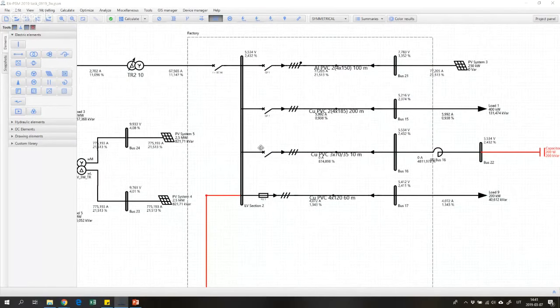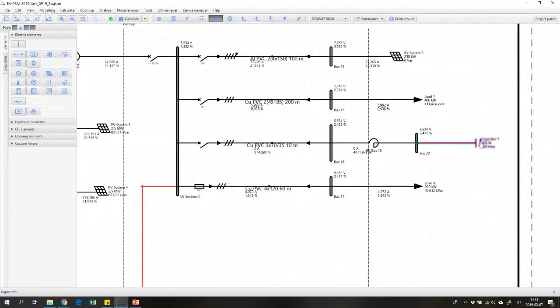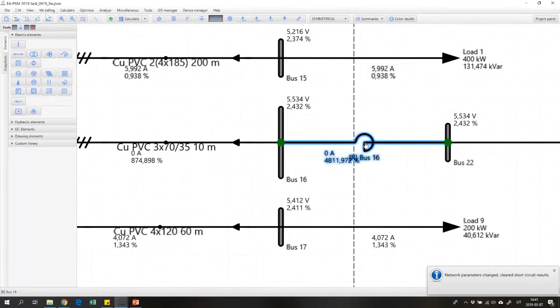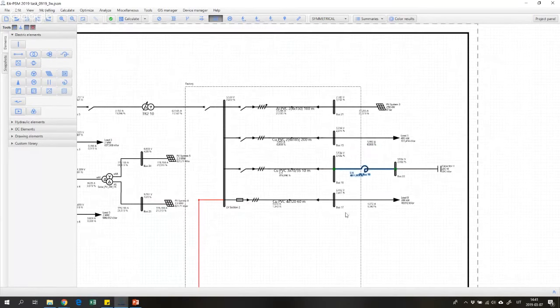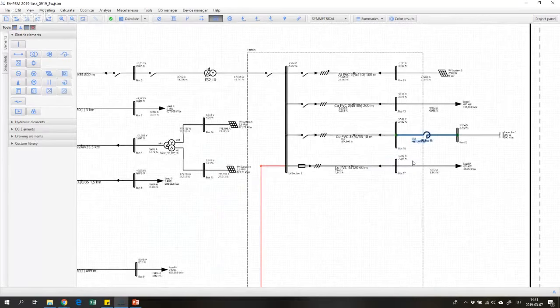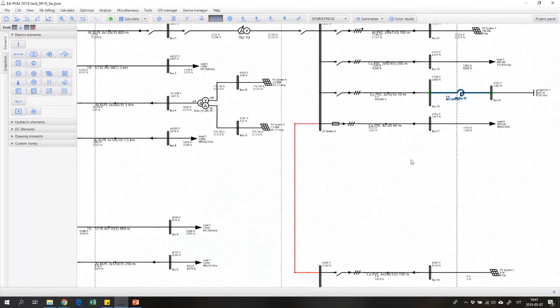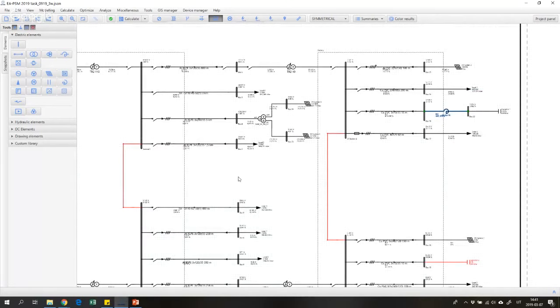We have buses and there are loads connected to those buses. There can be capacitors connected. For example, here it's connected through a filter, so as to reduce resonance conditions, and so on. So it is a quick review of our software for power system design.